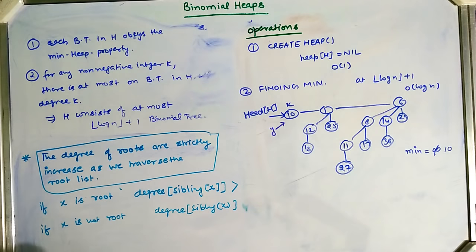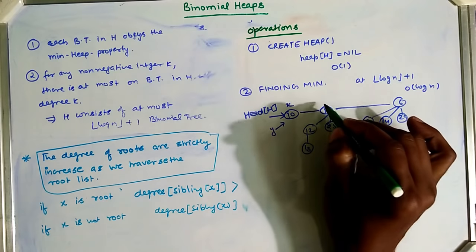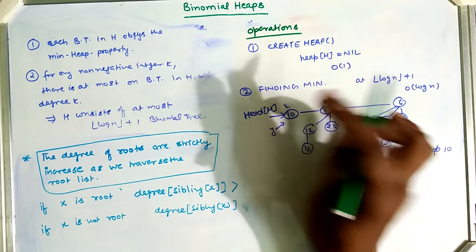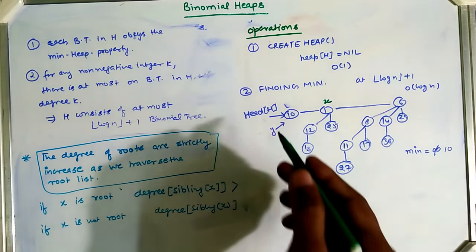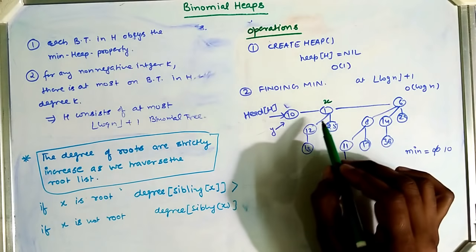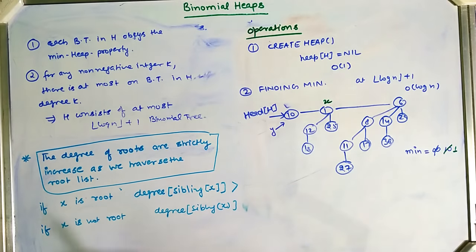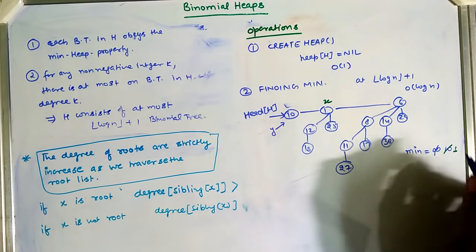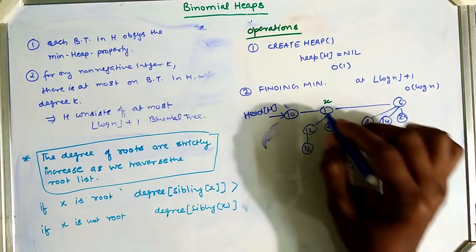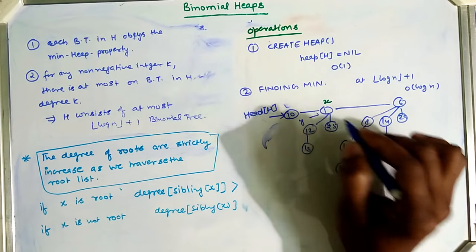Suppose the pointer assigned is y. Again we update x to the sibling of x, then check whether the key of x is less than min, yes, so we update min here and update the value of y also. So y is now pointing to it.